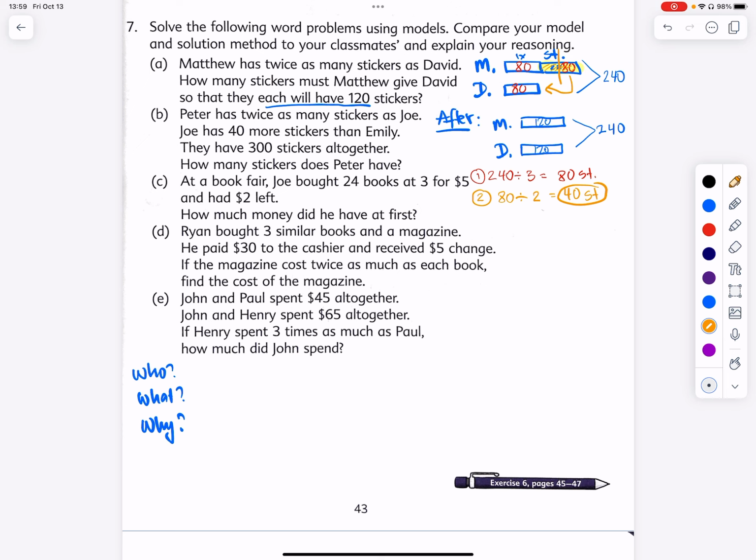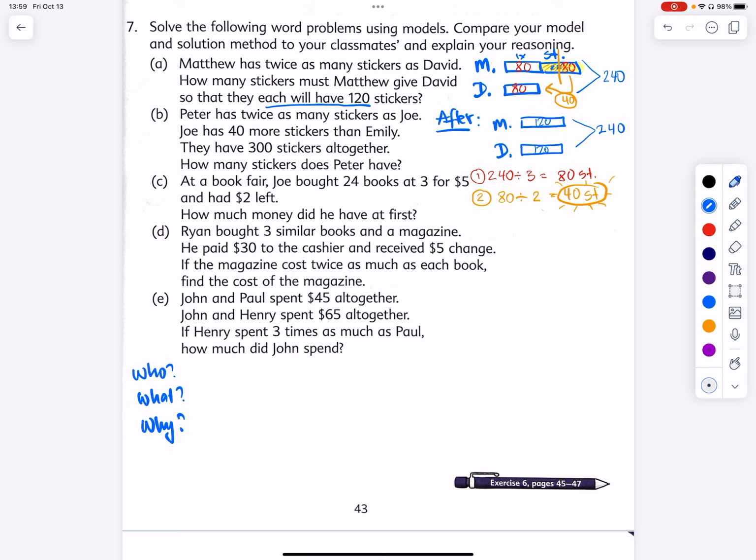Matthew must give 40 stickers to David, and we know why. 80 plus 40 gives you 120, and 160 minus 40 gives you also 120. So the answer to the problem is 40 stickers have to go. 40 stickers have to move right here. Okay, this was a hard problem, friends. This was hard. Singapore Math, 5th grade problem.